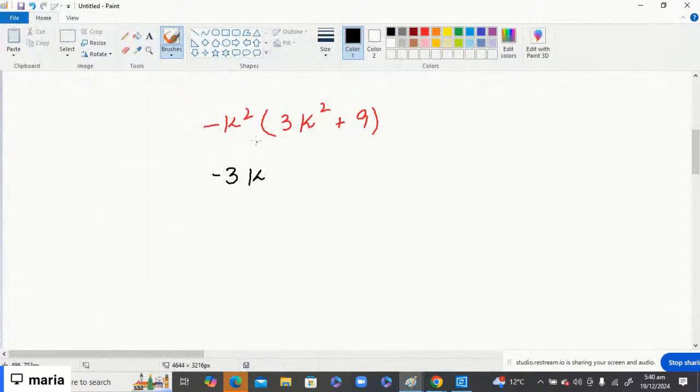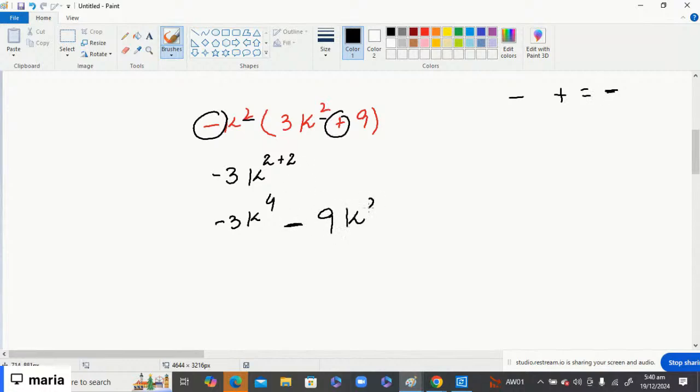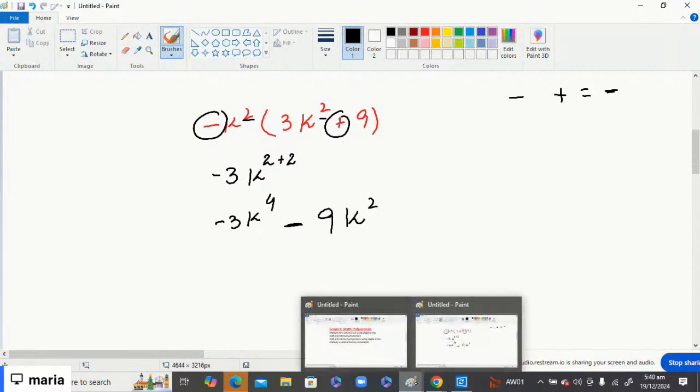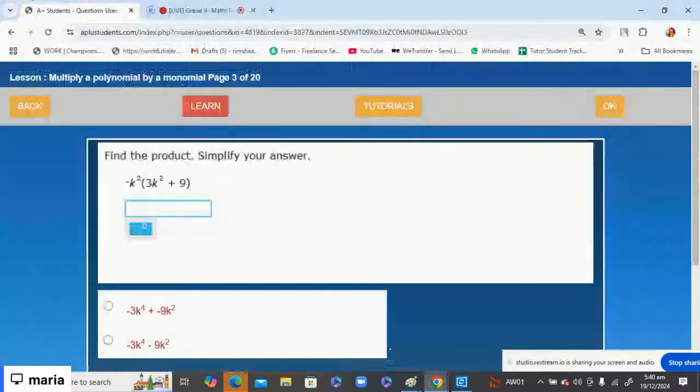Here is k, this is 2 and this is 2, 2 plus 2. So minus 3k power 4. Okay, you're going to add the powers. Here is the minus sign and here is the plus sign. So if there is one minus and one plus, what does it become? Minus. So it's minus 9k square as it is. So minus 3k power 4 minus 9k square.